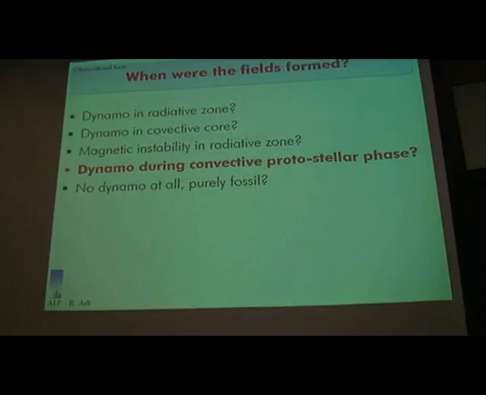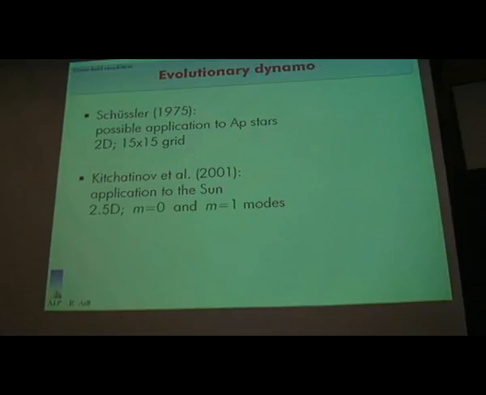I'm concerned with the last but one point. I'm trying, not really to simulate, but to make a computation of a mean field dynamo for the convective protostellar phase. This has been done very early by Manfred Schüssler in 1975, with a very, very small grid, finding some dynamo action, of course.